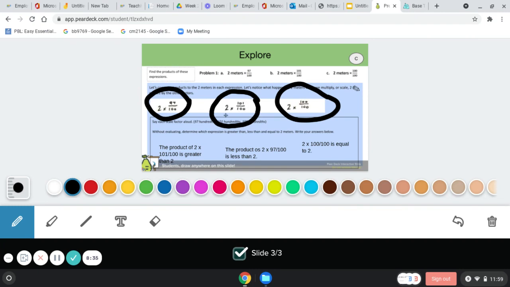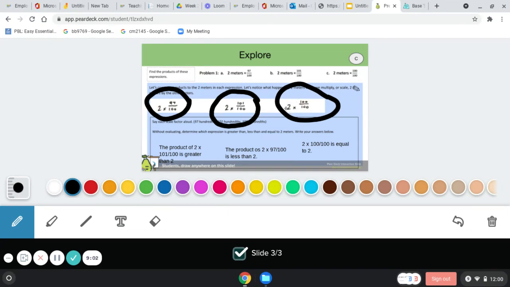When you are scaling the 2 by a fraction that is greater than a whole, then your product is going to be greater than the 2, than the whole number that is in this expression. And then when you are scaling by a fraction that is equal to 1 whole, then your product is going to be equal to the 2.